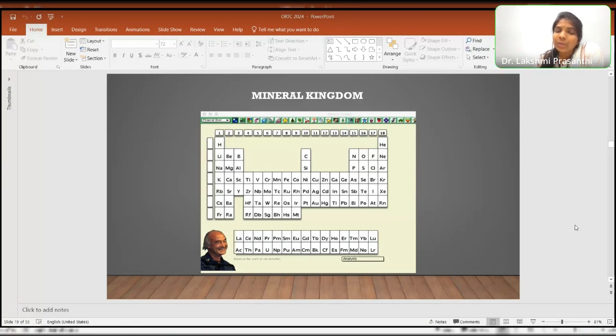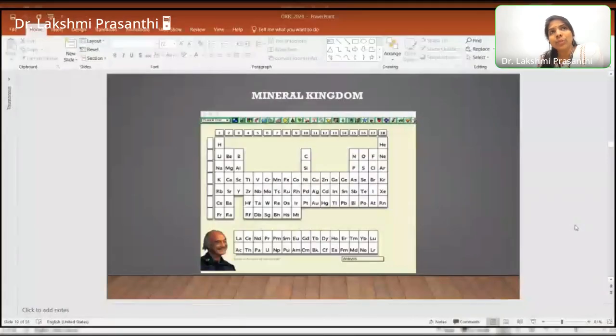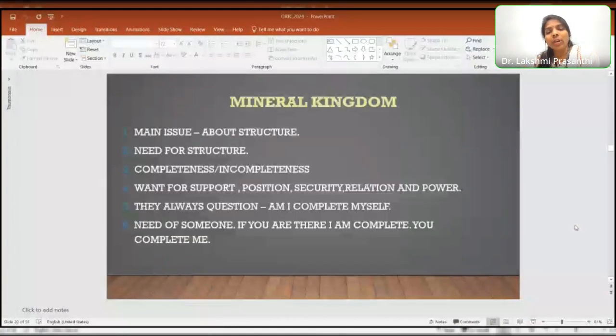So basically what happens in minerals is, electrons are there. They need to form a complete octet. To form a complete octet, one electron should either go outside or be removed, or one electron is to be shared.